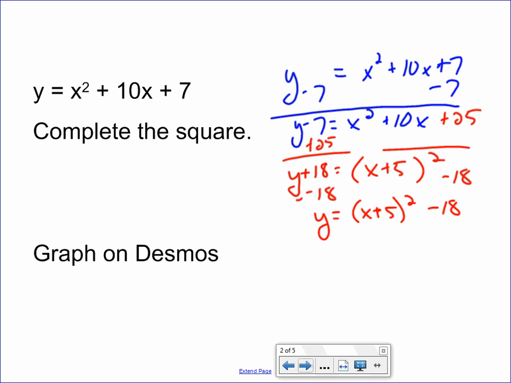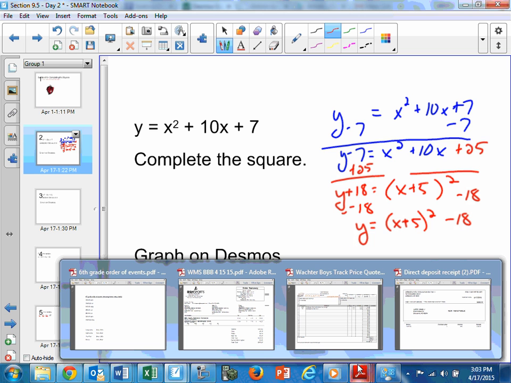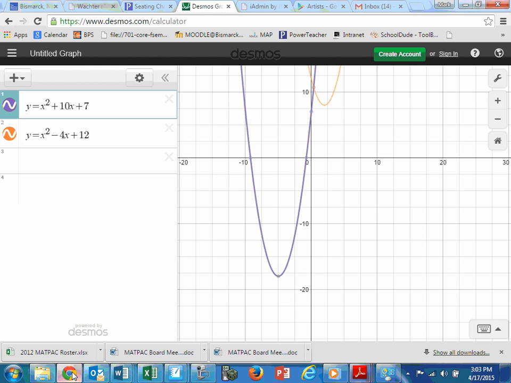Now I want us to take a look at this on Desmos. If I went to Desmos over here and looked at this equation, this first equation is x squared plus 10x plus 7. So that would be this one right here.